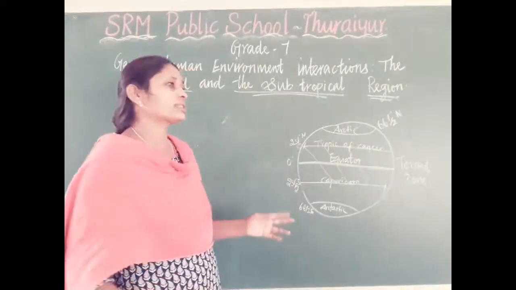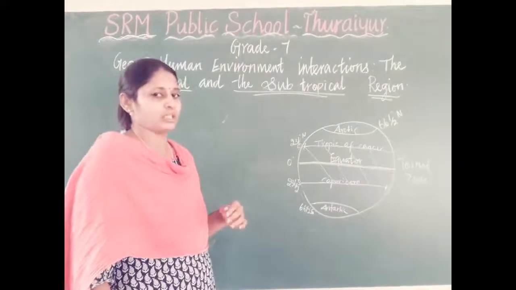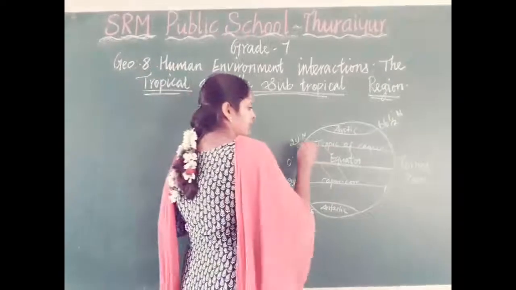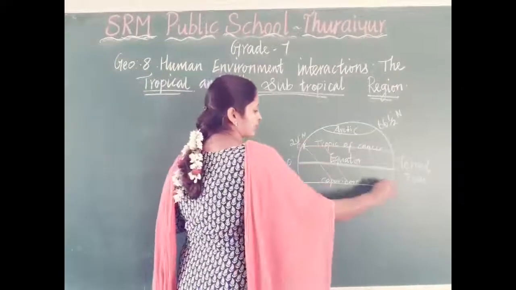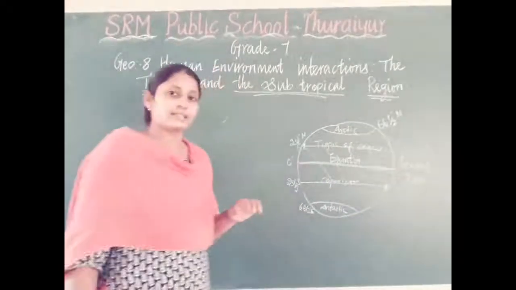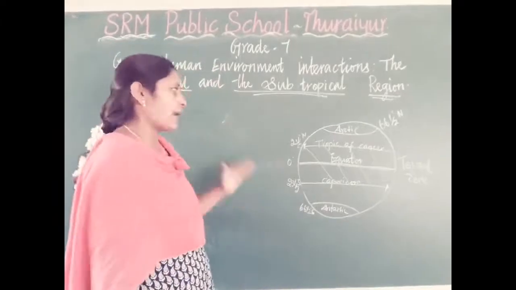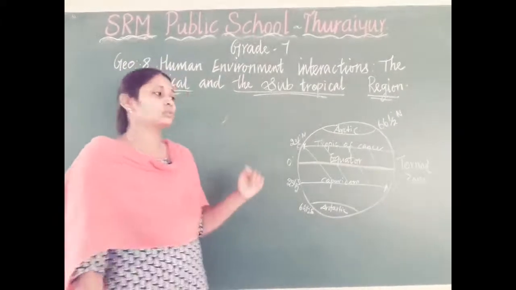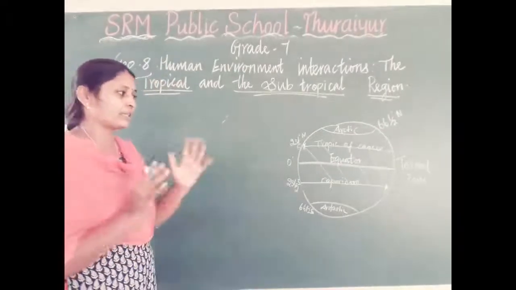Otherwise, this region between the Tropic of Cancer and the Tropic of Capricorn is called the tropical region. So you should know which is the tropical region.